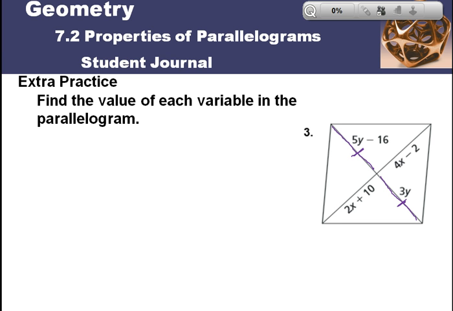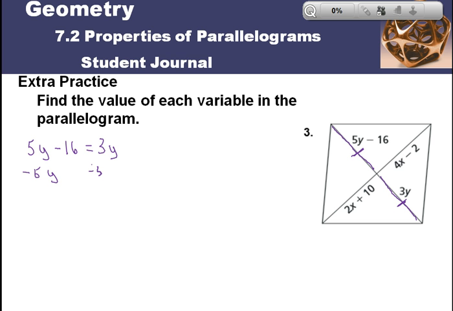So I'm going to say that 5y minus 16 is equal to the other piece over there, which was 3y. So, I guess I could subtract 3y and add 16, or maybe I'll just subtract 5y.